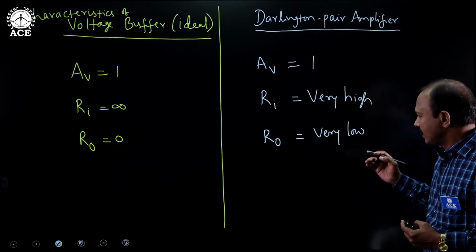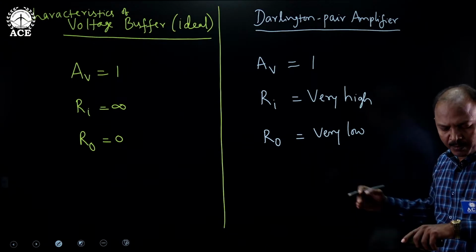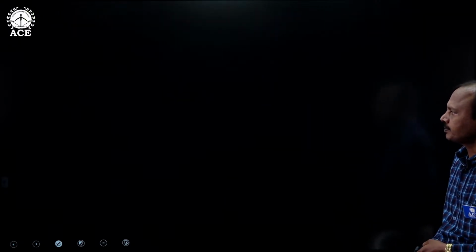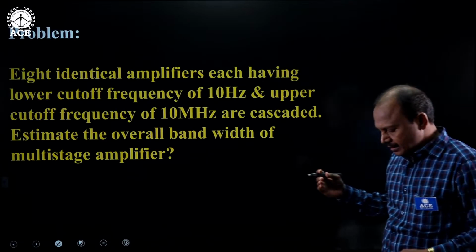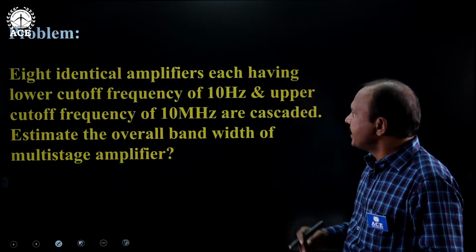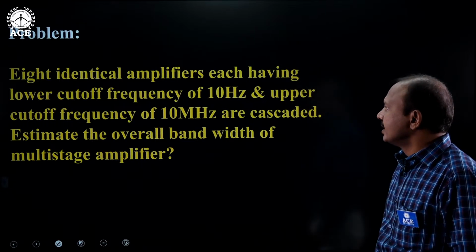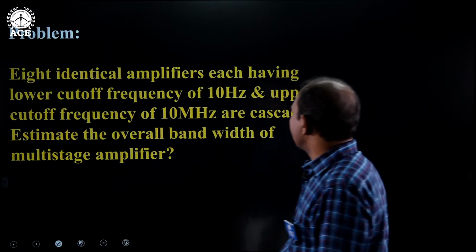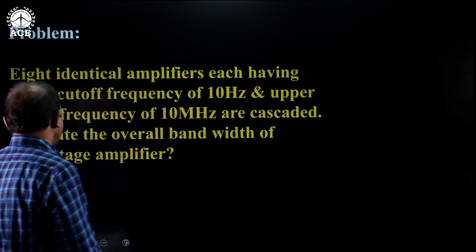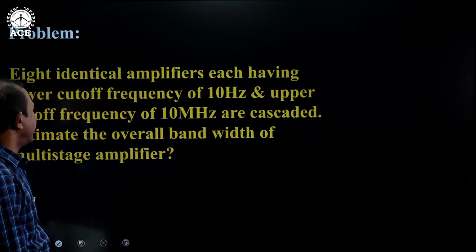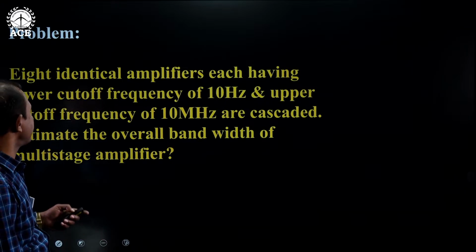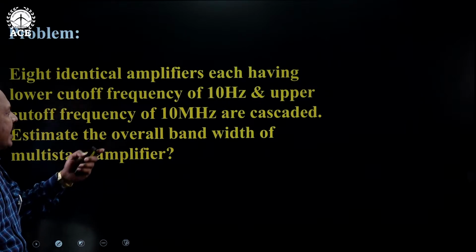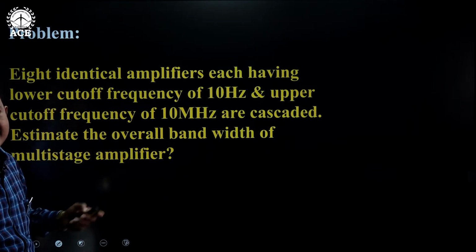Now, let's see one problem related to these multi-stage amplifiers. The question is, 8 identical amplifiers, each having a lower cutoff frequency of 10 Hz and an upper cutoff frequency of 10 MHz, are cascaded.